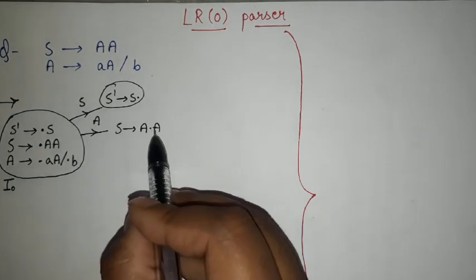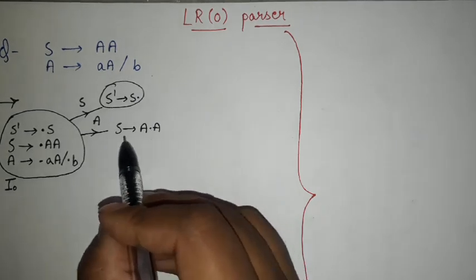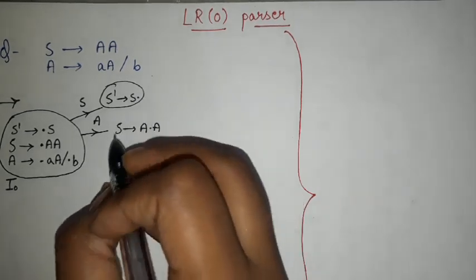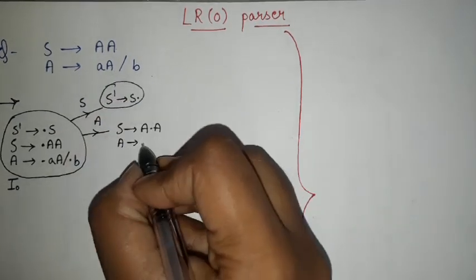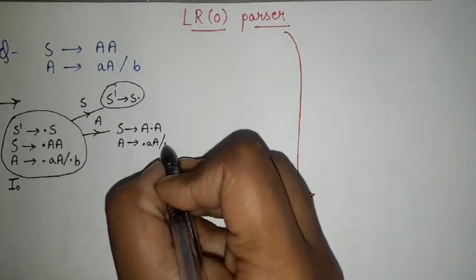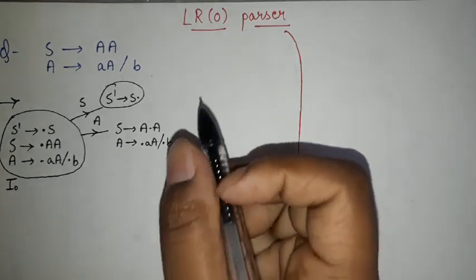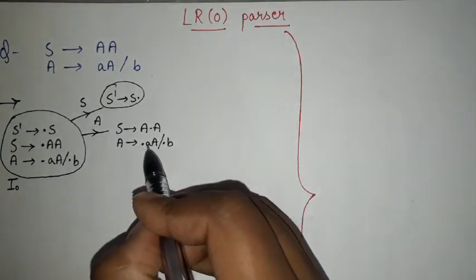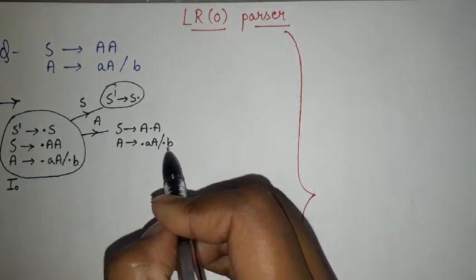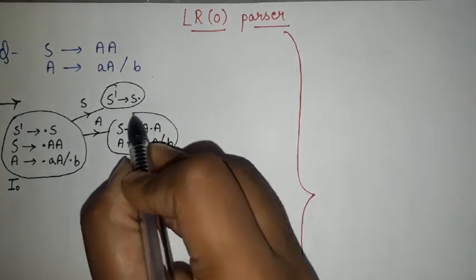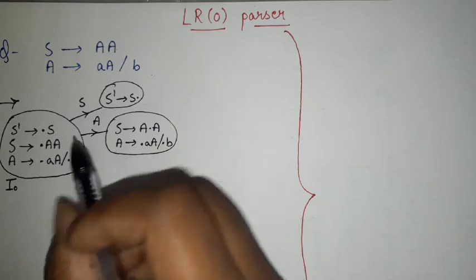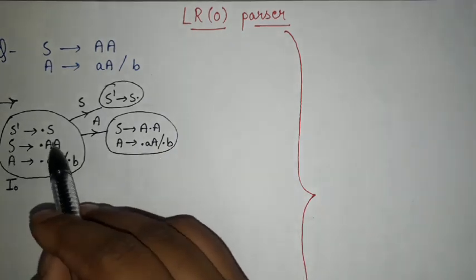So here after dot we are having one variable A, so I will be writing the productions of A also. The productions of A were AA and B. So dot AA and dot B. Now here after dot is a variable there? No. Here after dot is a variable there? No. Both are terminals. So I don't need to proceed further. This will become my second state. Okay, so I am done with this production also.